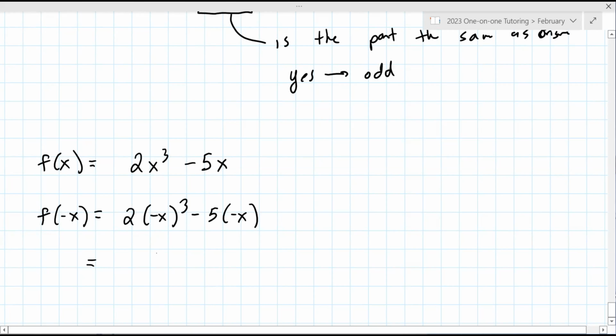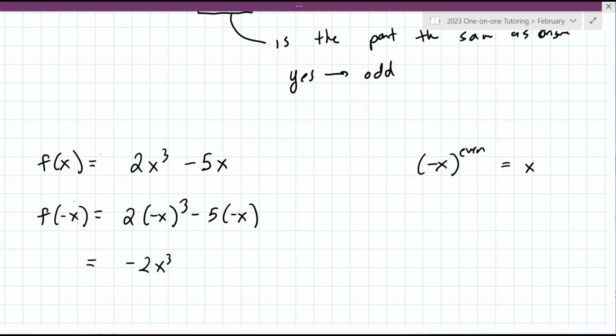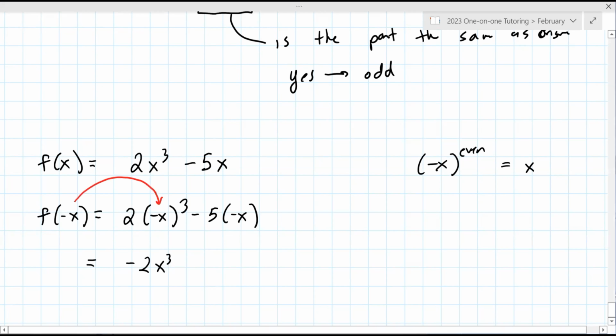So all the minus x means is you just make all the x's negative. It depends on the exponent. So minus x to an even exponent is always x. Before you multiply it back out, you put the negative x in the parentheses. So that's what that means. It means replace x with minus x, replace x with minus x.